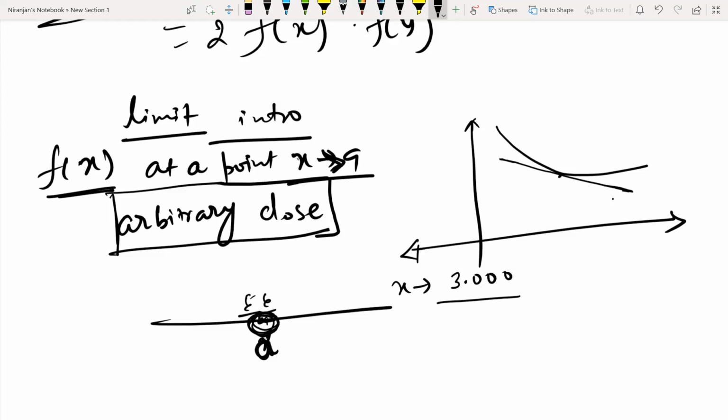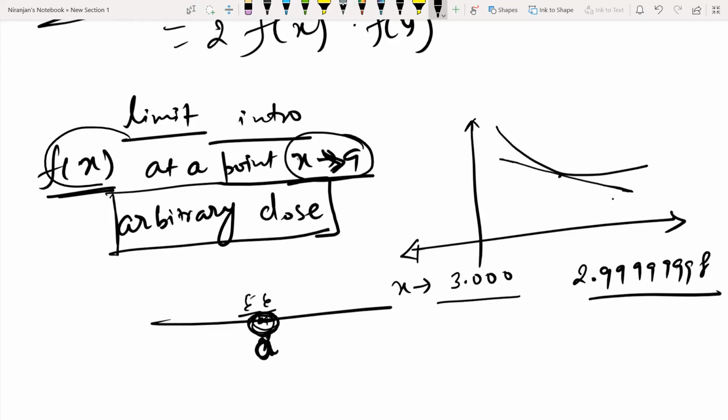I'm saying that I'm at some point like 2.999998. That's exactly what arbitrarily close means. And you will encounter this word a lot in real analysis and calculus as well. So at x tends to a, whatever the value of f of x you get, that is going to give you the limit.